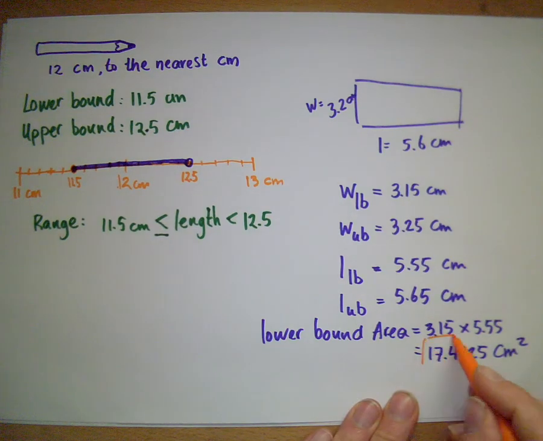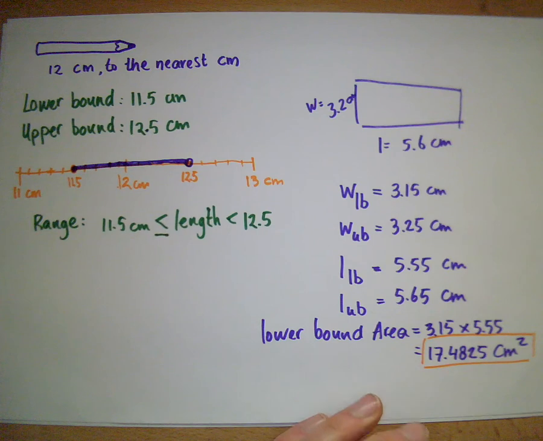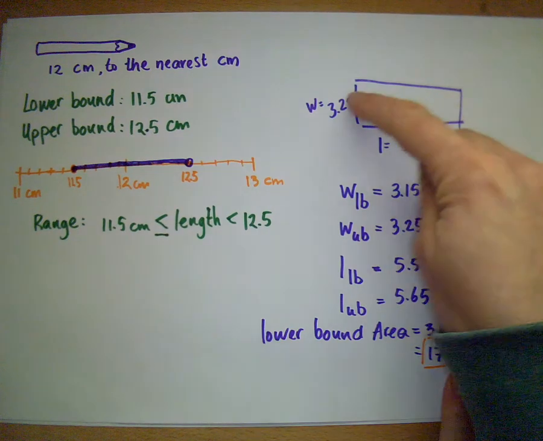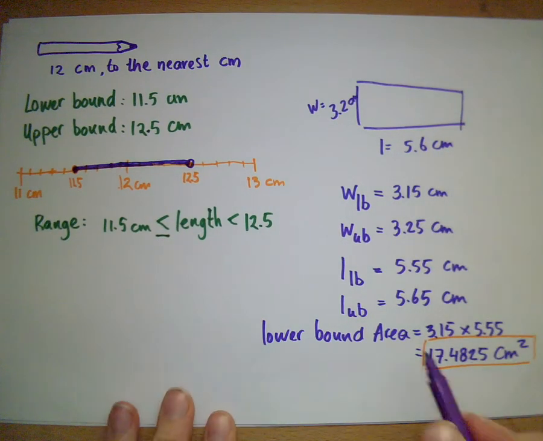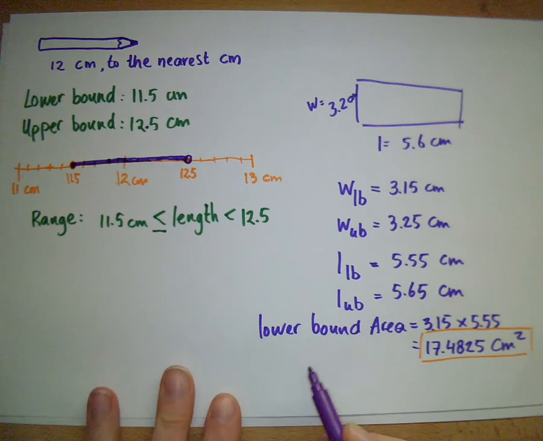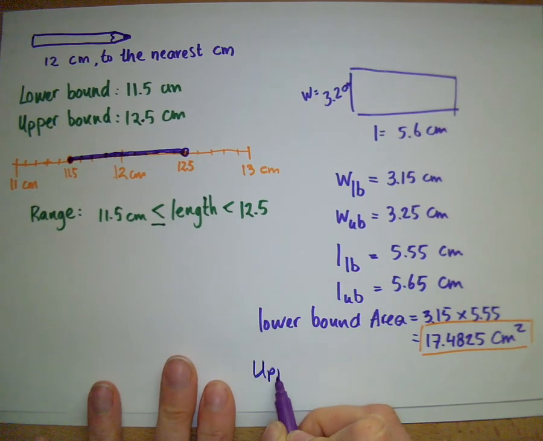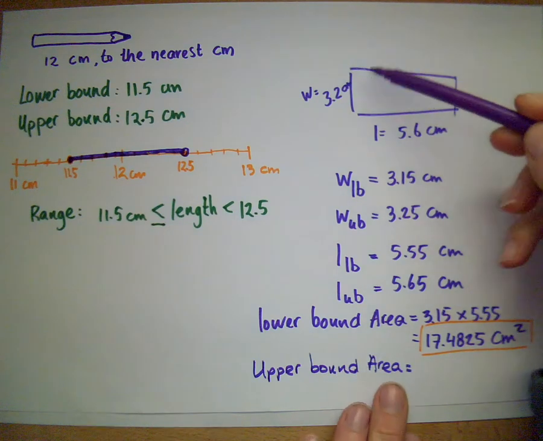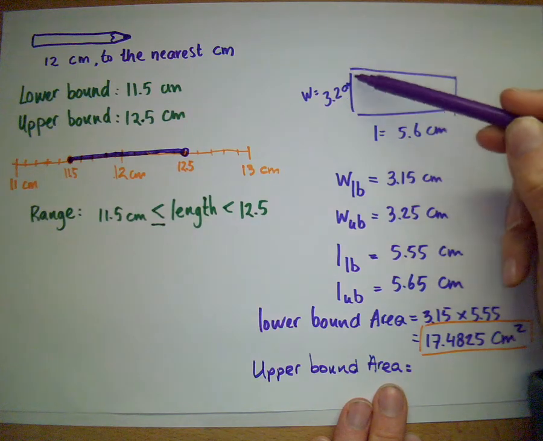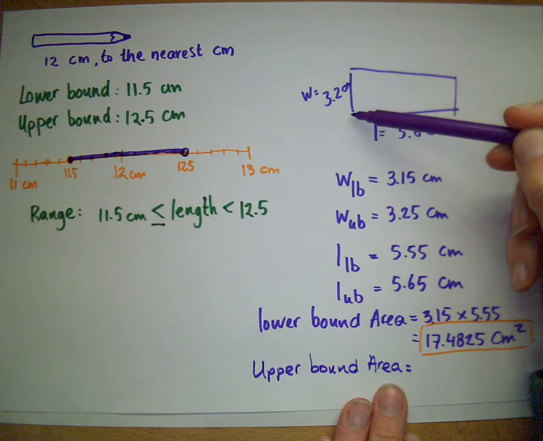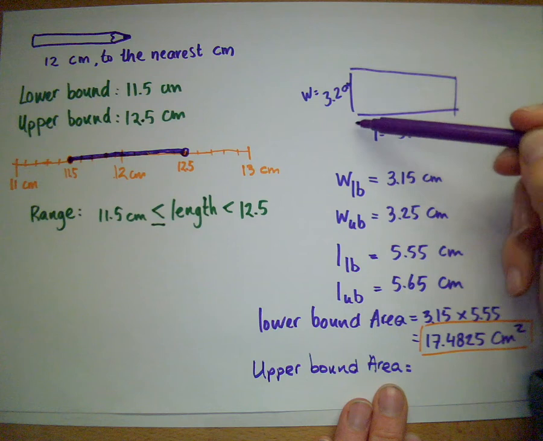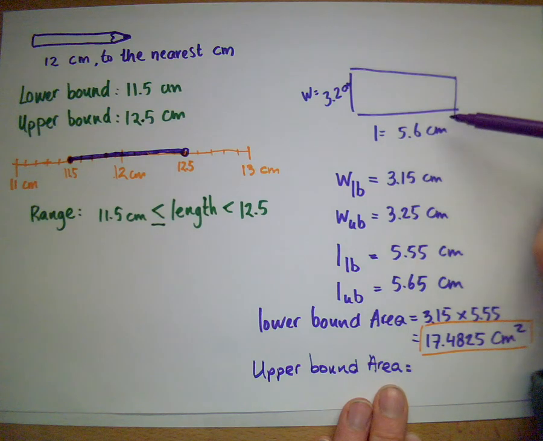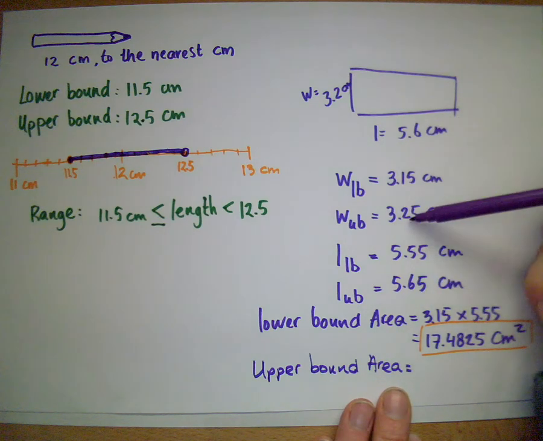So that is the lowest possible surface area of the eraser. The upper bound of the area: how would this surface area of this eraser be the biggest if we had the biggest possible width and the biggest possible length? So the upper bound of both of these.